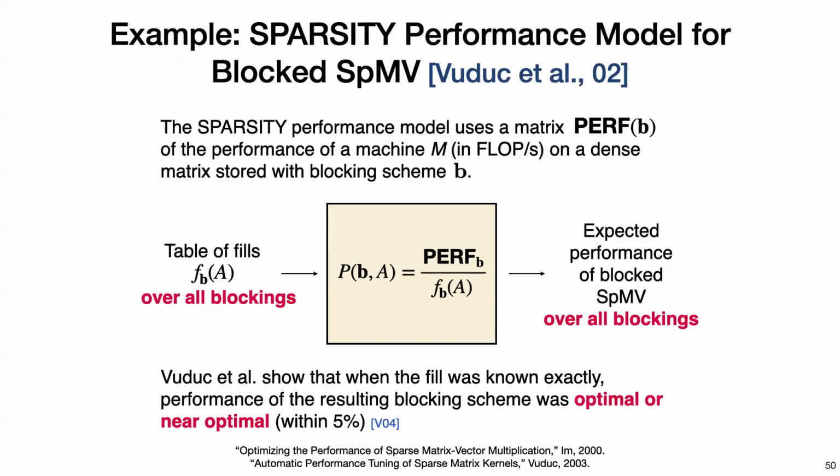Back in Richard Vuduc's thesis, they introduced this performance model. I'm going to call it the Sparsity performance model. What happens is you have a machine, and you compute some performance profile of the machine based on blocking. The way that you generate this performance profile is independent of any sparse matrix operation so far. You just take a dense matrix, store it in the block format, and run matrix vector.